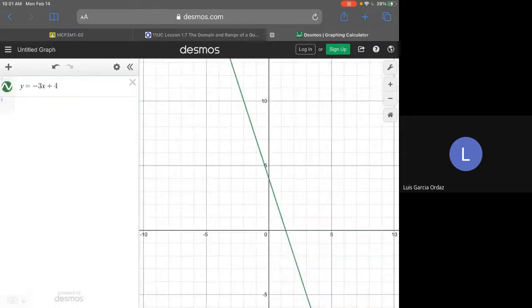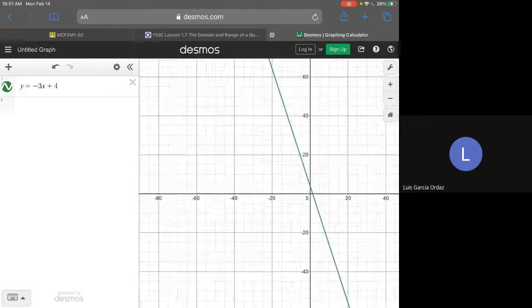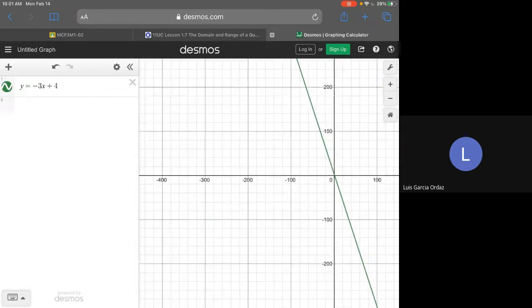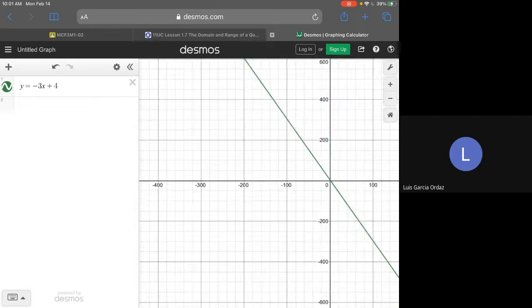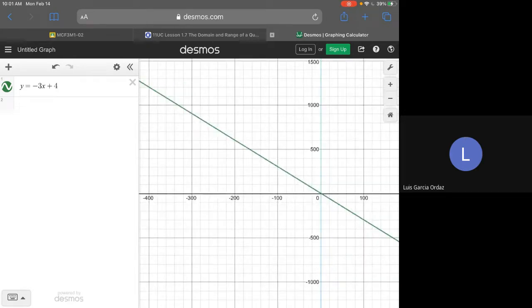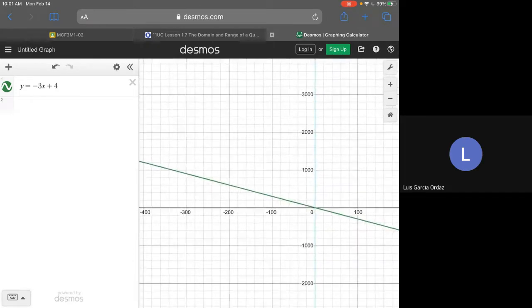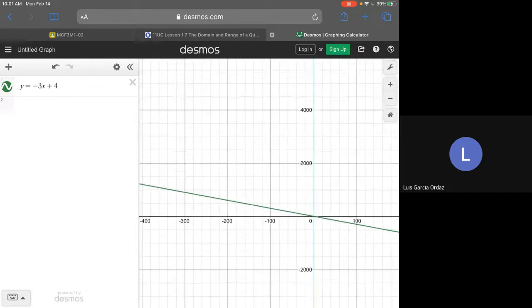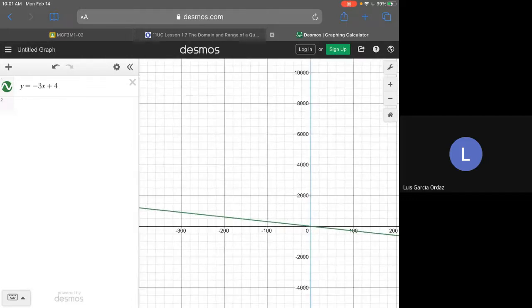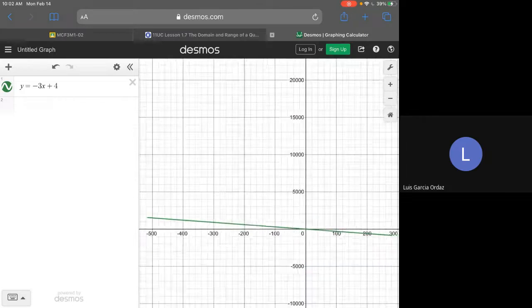So this is my graph. Does it have a maximum or a low y value? So what would my range be? Does it exist in all the y values? Look, it keeps going.